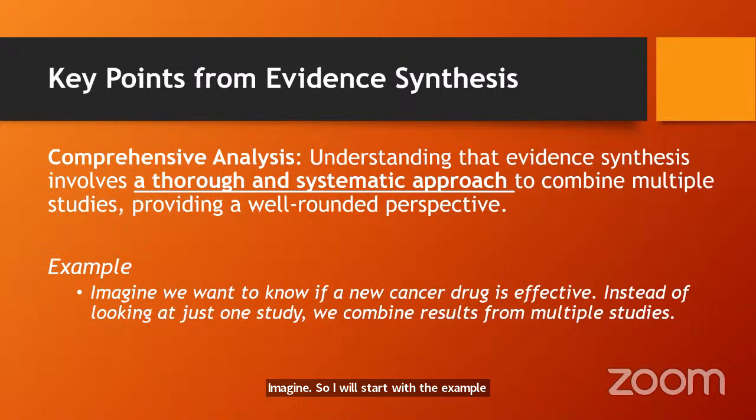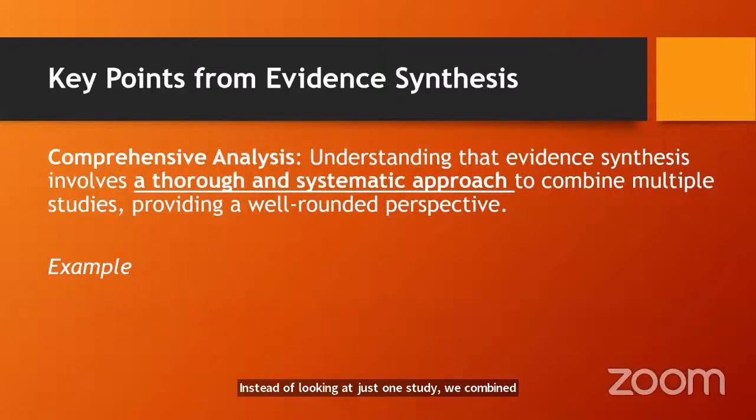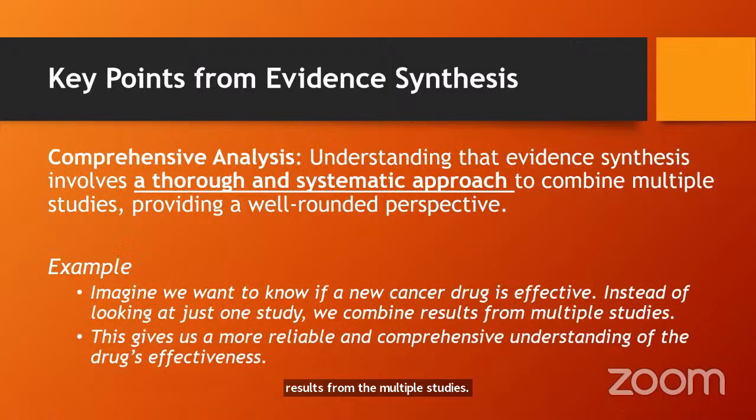Imagine we want to know if a new cancer drug, which was recently endorsed in the market, is effective or not. Instead of looking at just one study, we combine results from multiple studies. This gives us a more reliable and comprehensive understanding of the effectiveness of that drug.